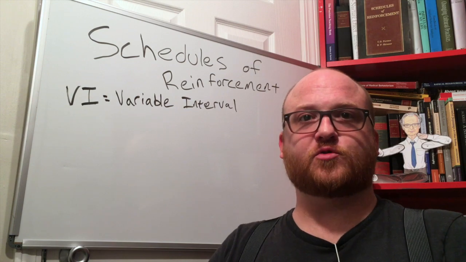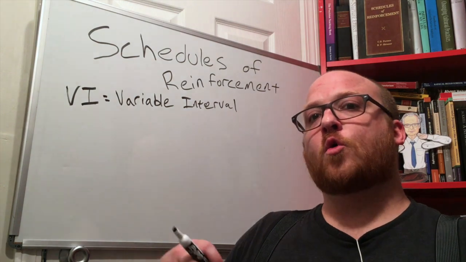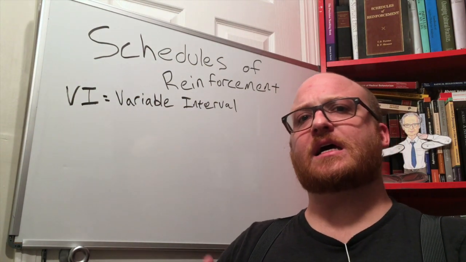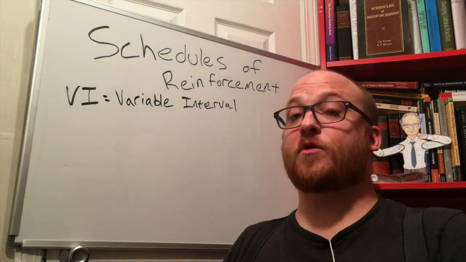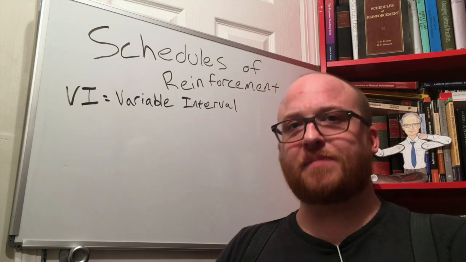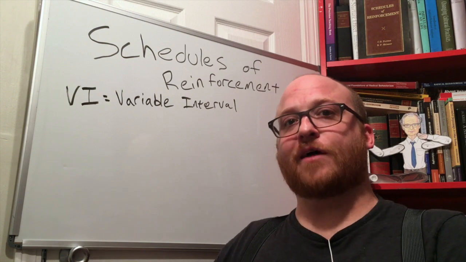Variable interval schedules of reinforcement, or VI schedules of reinforcement, work similar to FI schedules of reinforcement in that an amount of time must elapse before the next behavior will be consequated with reinforcement. The big difference here is that the time varies from trial to trial.